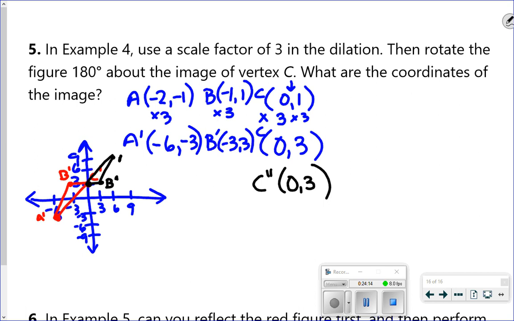Copy of B, second copy of A. Okay, so it looks like my second copy of A is at 6, 9, and my second copy of B is at 3, 3. All right, there you have it.